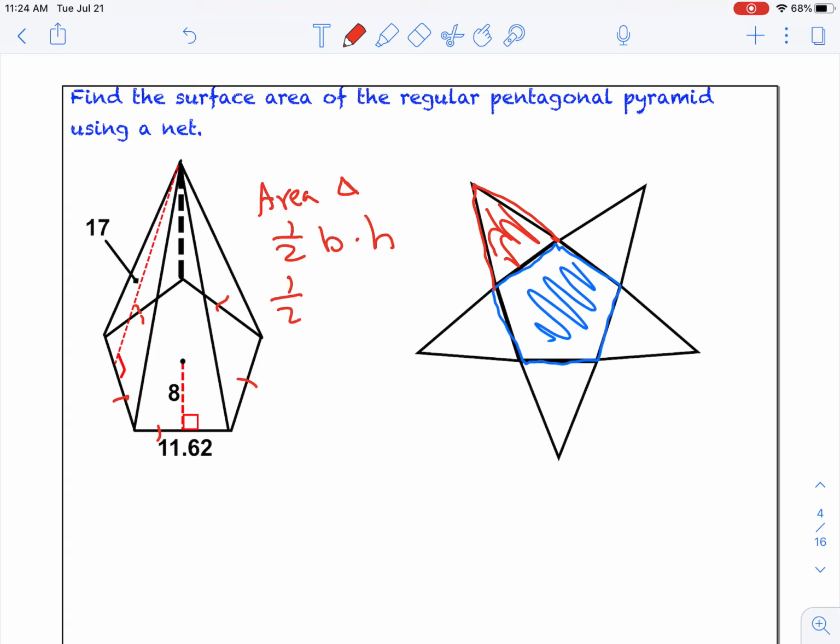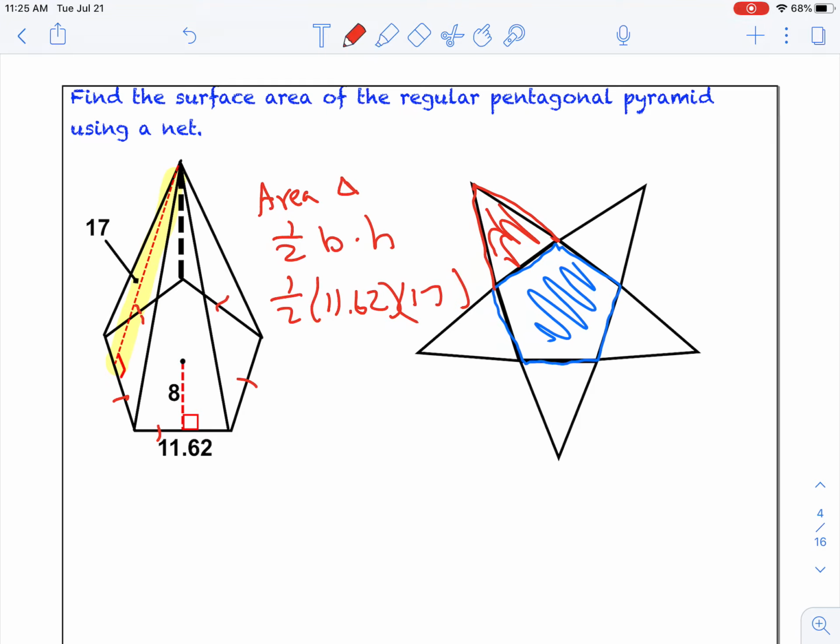Well, the base of the triangle is 11.62, and the height of one of those triangles is actually called the slant height. And so that is 17. So if you look at this height right here, that is the height of one of those triangles, and it is actually called the slant height.